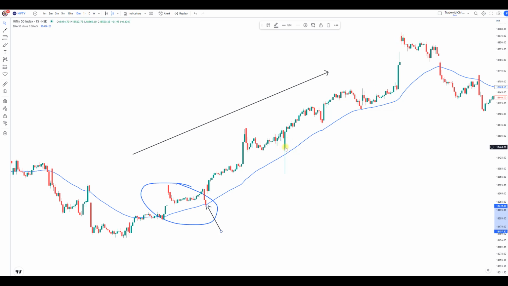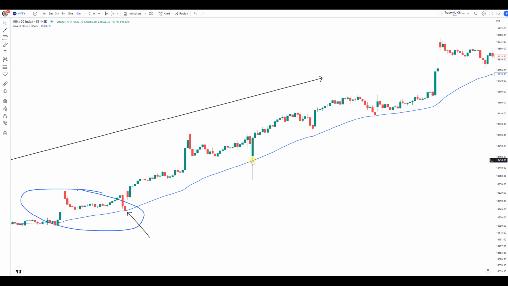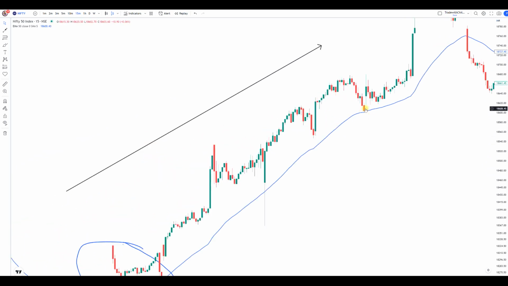Again, this green candle broke the 50 EMA and made a low of 18,365. From there we got a green candle, price closed above the 50 EMA and again moved up. So whenever you see the price taking support at the 50 EMA, the price moves up from there, meaning price bounces up from here.